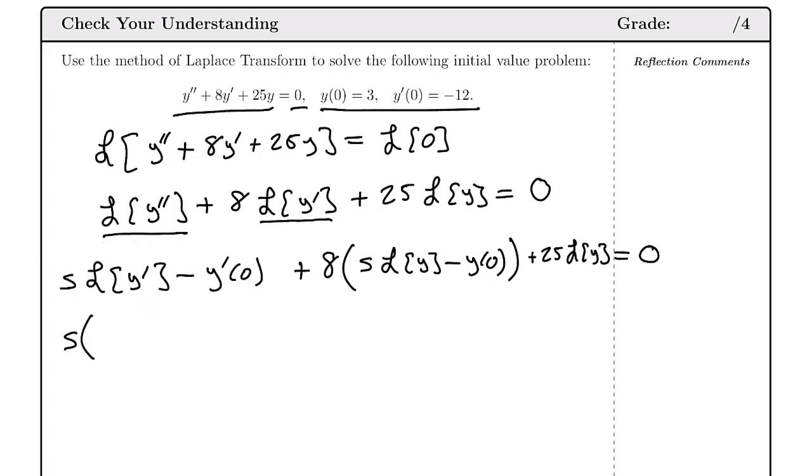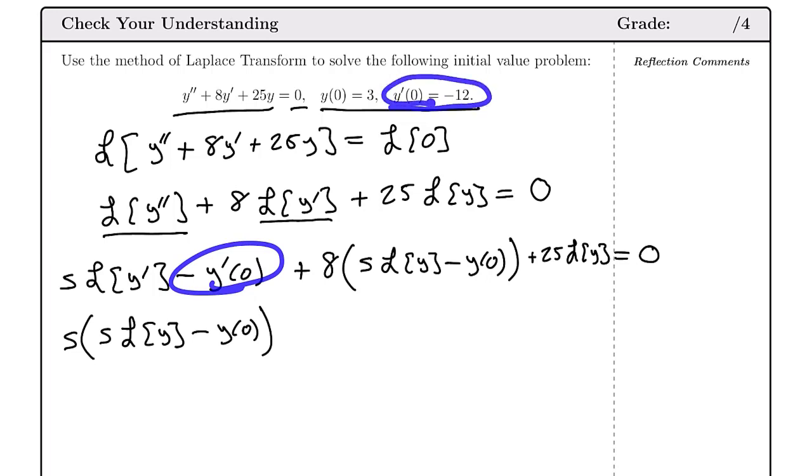So we have s times L of y prime, which is going to be itself sL of y minus y of 0. Now we have this term, minus y prime of 0. Y prime of 0 is negative 12, so if we subtract negative 12, we're actually adding 12. And then I guess we can multiply this out.